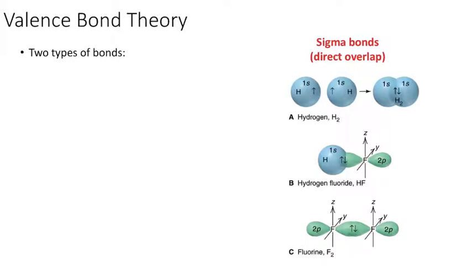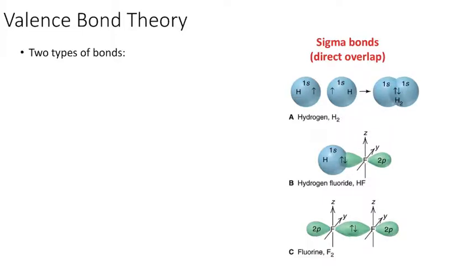And the bottom example, two p orbitals overlapping directly end to end. Those are all different ways that you can get a direct orbital overlap. And this is known as a sigma bond. It is the first bond that is formed between any two atoms.